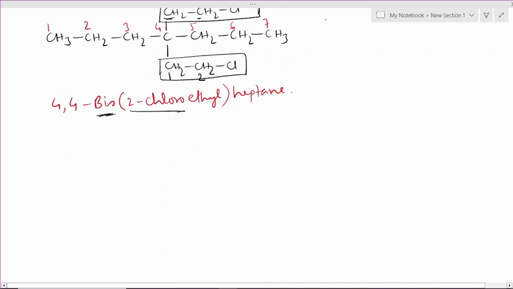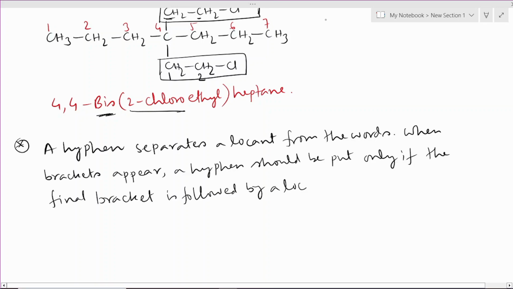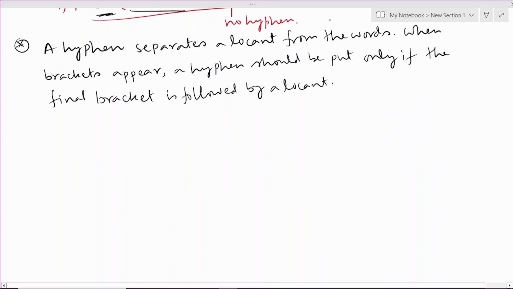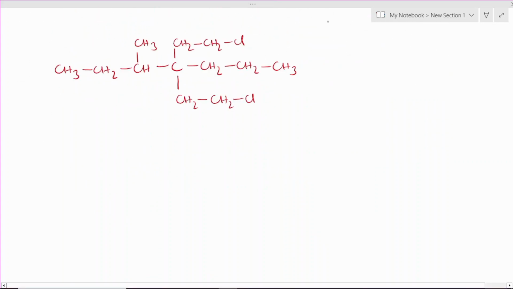Now we have to learn the use of hyphen. Here we see that in this compound there is no hyphen, because this bracket is not followed by a locant. But if we take this compound and do numbering, this will be 1 2 3 4 5 6 and 7. Here it will be 1, 2, and 1 and 2.